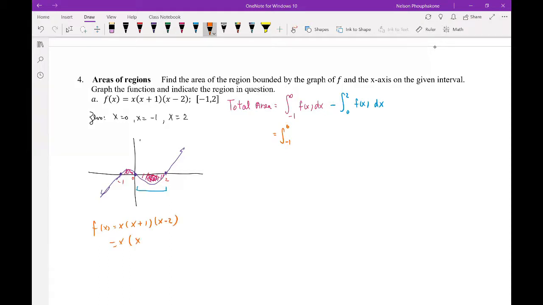So this is x squared minus x minus 2. Okay. So I will have the integral of x to the power 3 minus x squared minus 2x dx, and minus, between 0 and 2, the same thing.